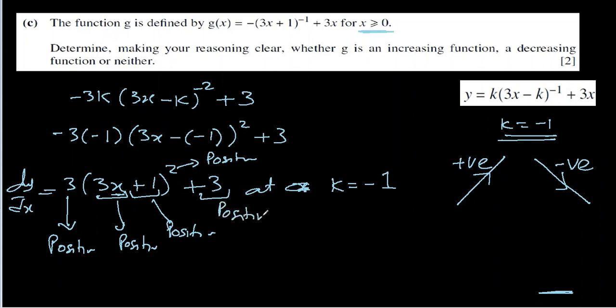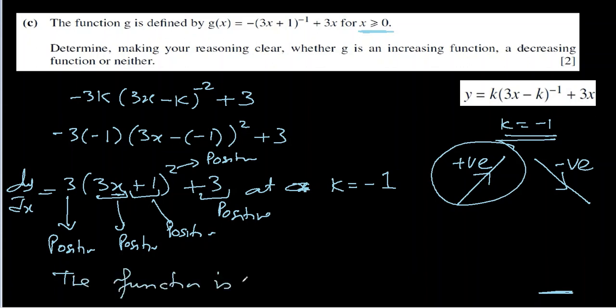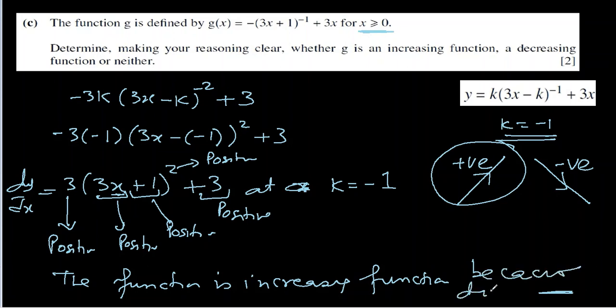There is no chance that we can get a negative dy over dx in this whole case. That means we have this case. The function is increasing function because dy over dx is greater than 0 all the times.